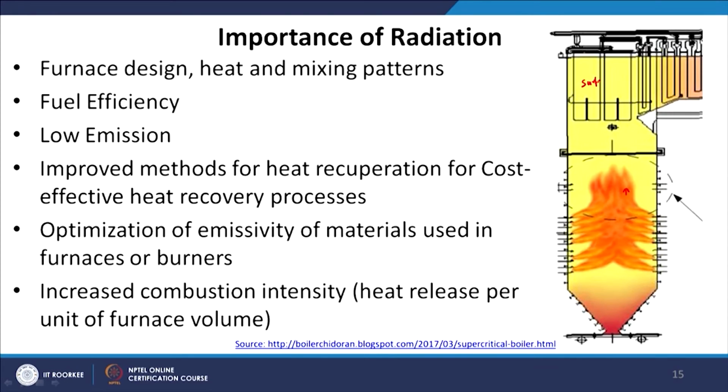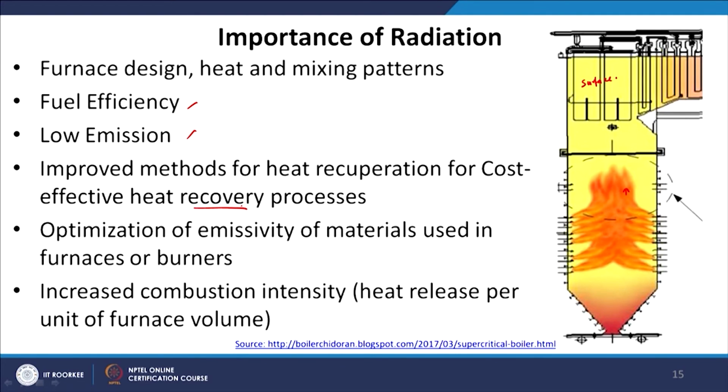These are the heat transfer surfaces of the boiler. So, why should we focus on correct calculation of radiative heat transfer here? Because we want to efficiently burn coal. So, fuel efficiency, low emission, then wherever we have low temperature gases, we want to recover heat. So, for heat recovery also we want to develop improved methods. So, radiative heat transfer becomes important.